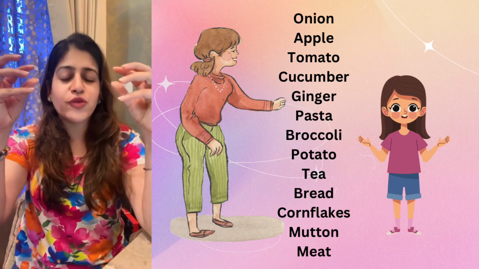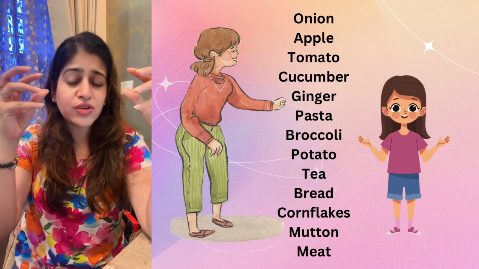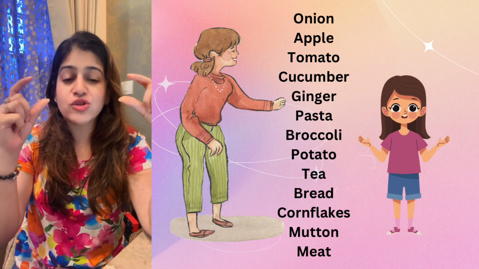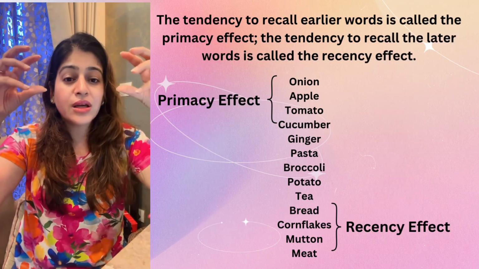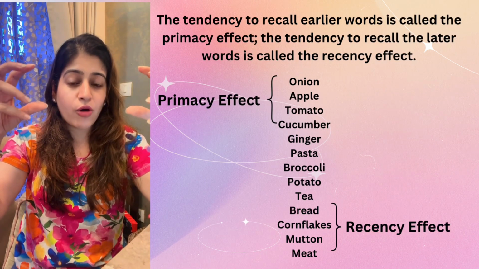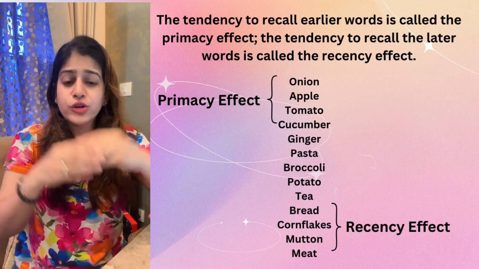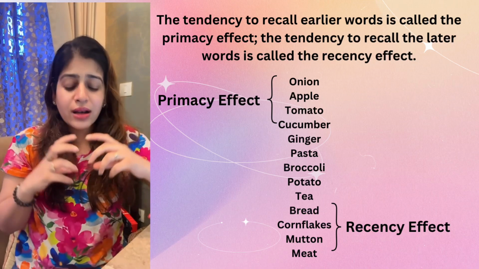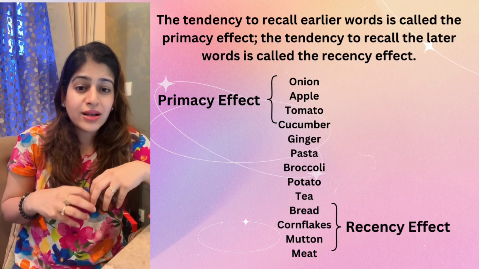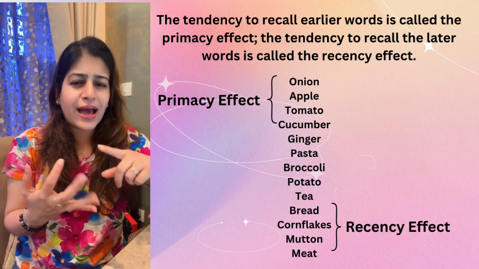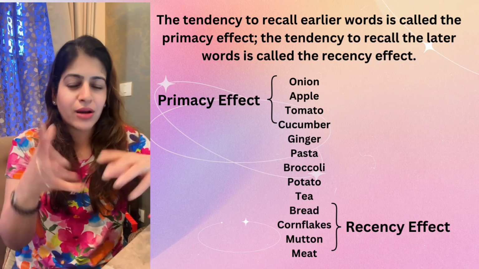So the first few words, the first 3 to 4 items that you remember, that is called the primacy effect. So if a person remembers the initial part of an information, that is the primacy effect. Or let's say when your mother told you the whole list, then whatever you remember from the last which she told you, like cornflakes and bread and meat and mutton, whatever it is.